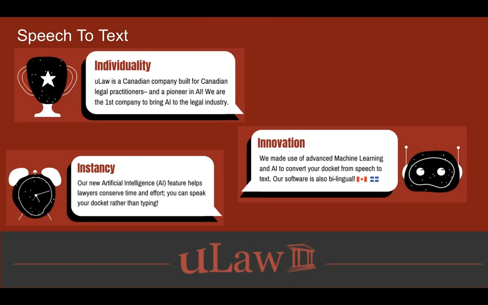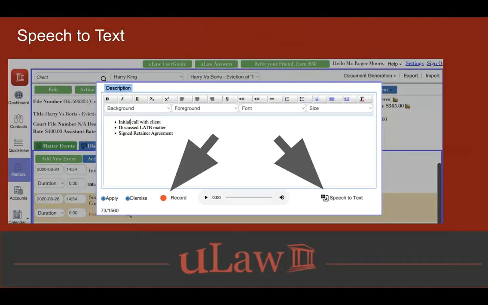It's so instant. It's so individual. You can practice it anywhere at any time, and you won't even have to open your system. Be on your phone, use the uLaw app, simply click on the client matter, and record the docket using the red button, which is record, and convert it as speech to text.